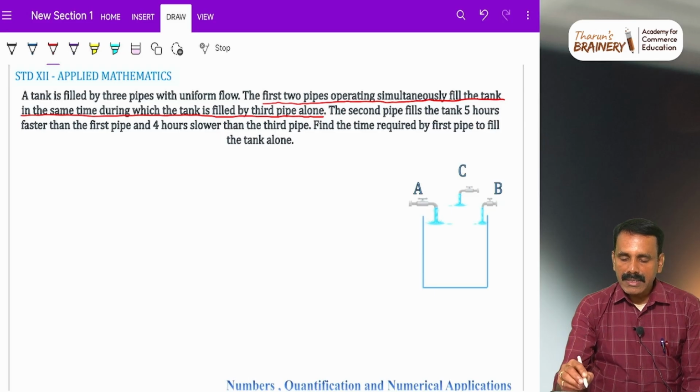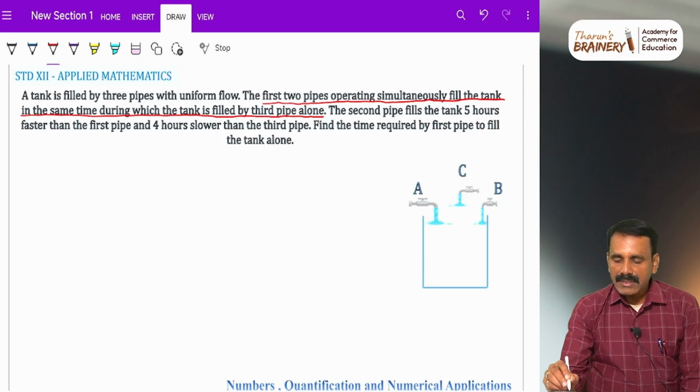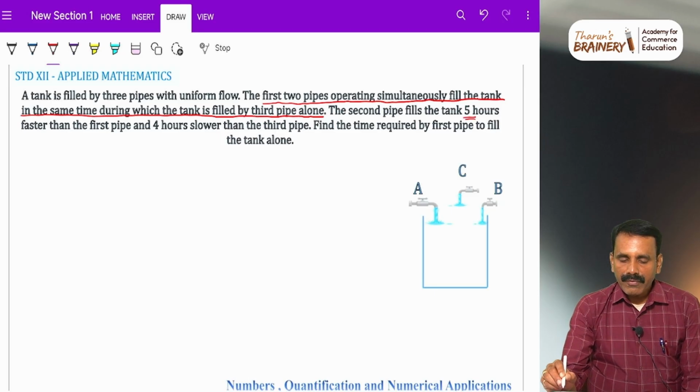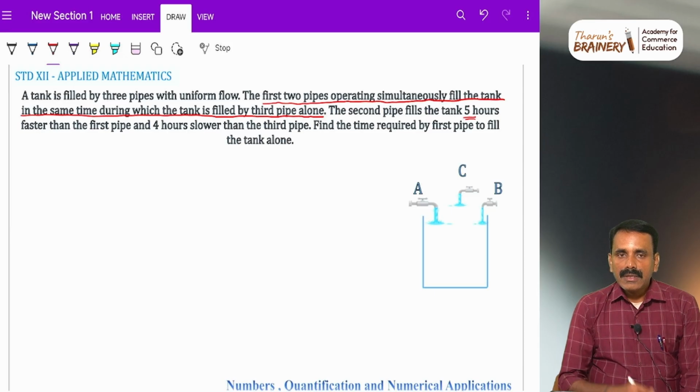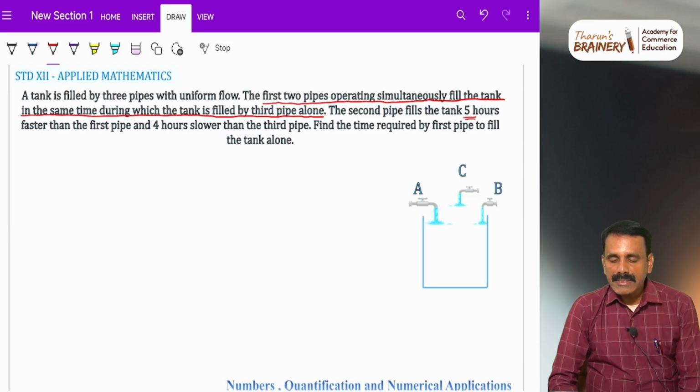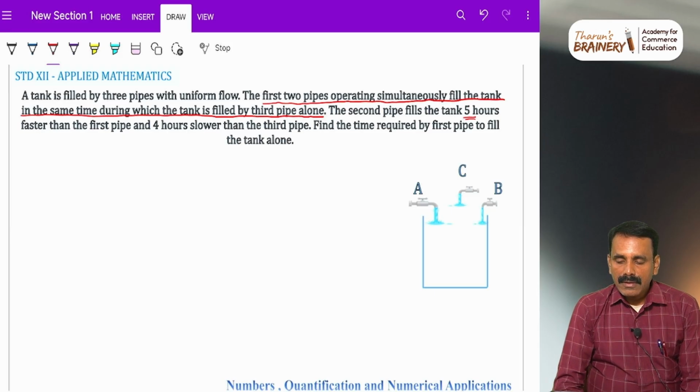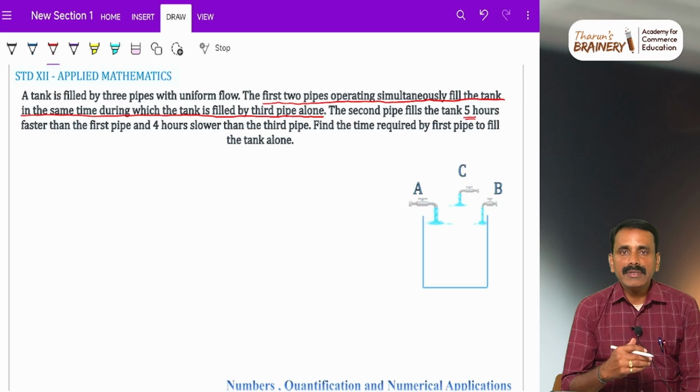And extra data are, the second pipe fills the tank 5 hours faster than the first pipe, which means the pipe B takes 5 hours less than pipe A to fill the tank. Okay. Suppose pipe A takes 10 hours to fill the tank, then pipe B will take 5 hours less than 10 hours, that is 5 hours to fill the tank.